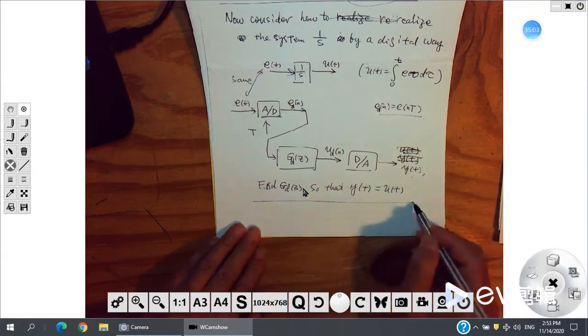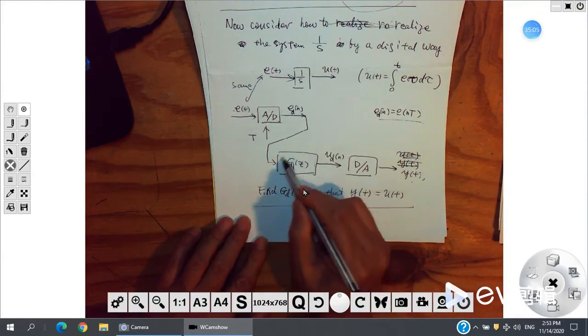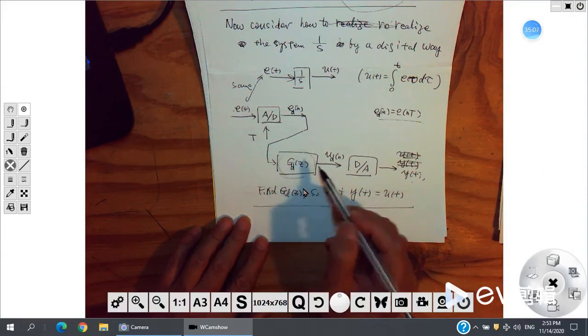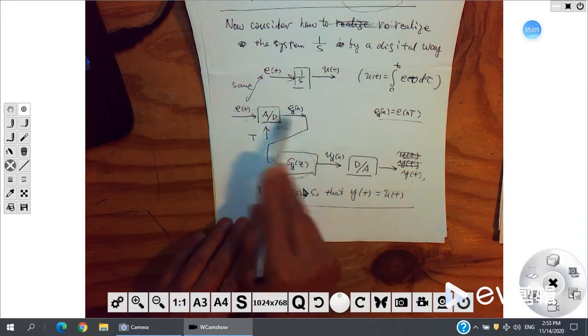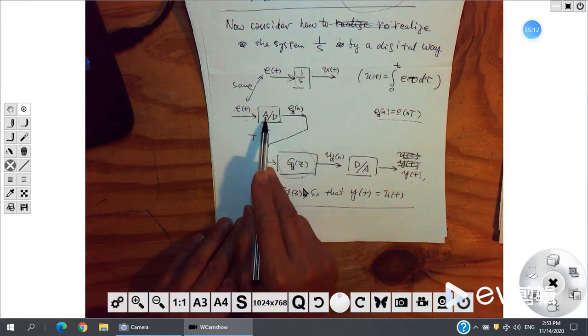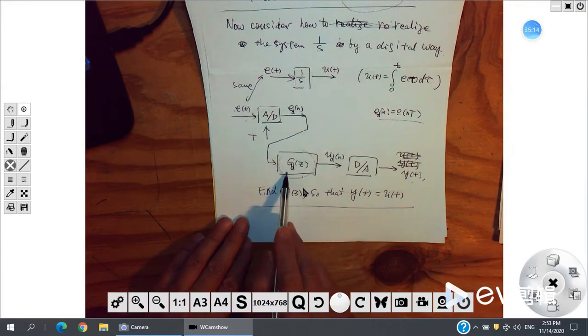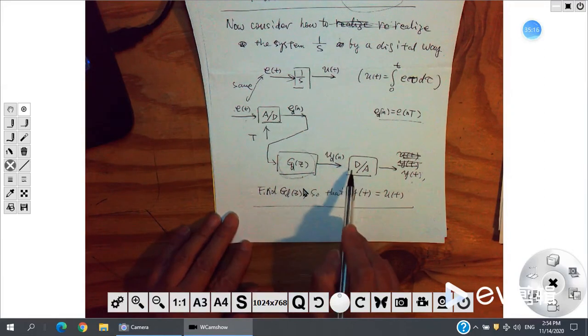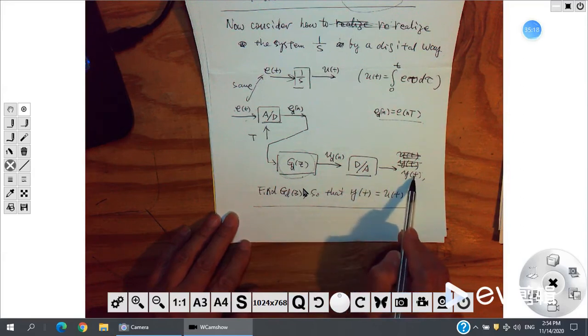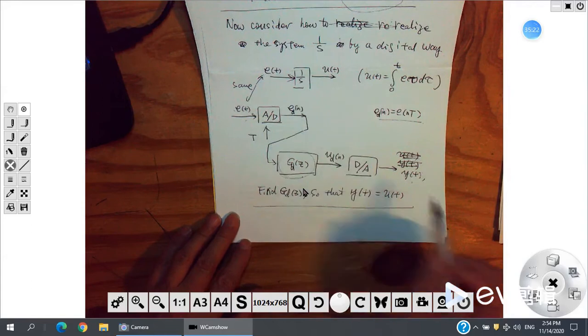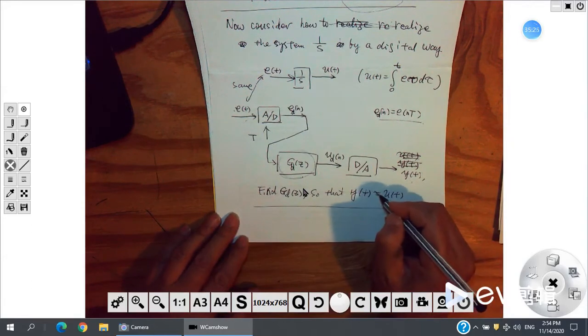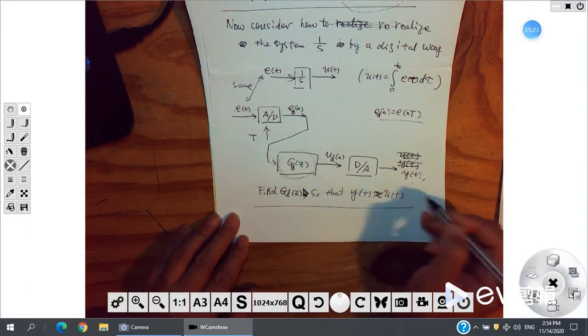We find the digital system, discrete time system, and we connect these in this way: an AD converter, then this digital system, then a DA converter, we get the output, and this output is the same as U of t. Now of course maybe you can only have something approximate to U of t.